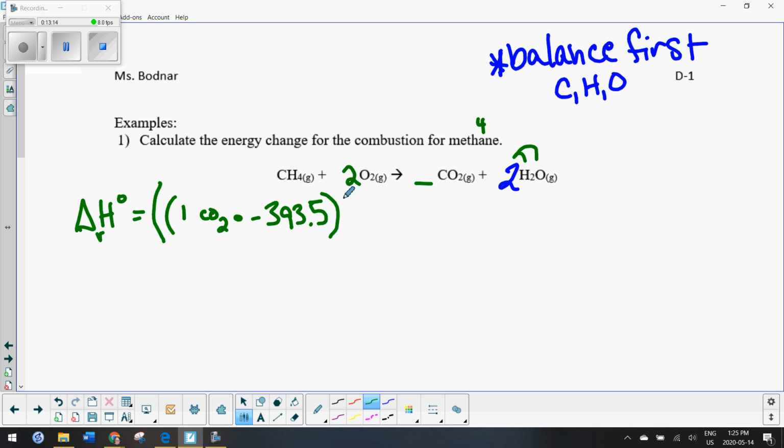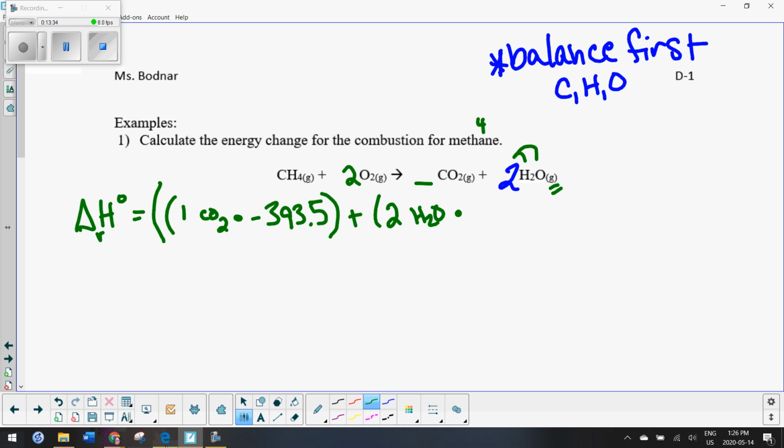Now, since it meant the sum, I have to add my other product. And I have 2 of those guys. So it's 2 H2Os times. Now, for H2O, you have to pay attention. Is it a gas or is it a liquid?